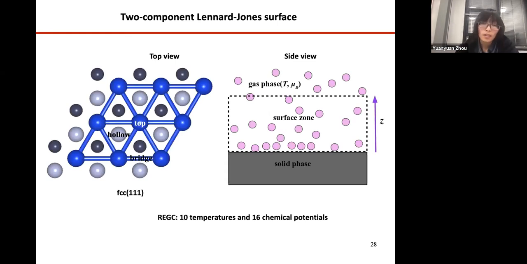The frozen FCC 111 surface is in contact with the B gas phase, and the B particles are only allowed to insert in this defined region starting from the top of the surface. The blue atom is the top layer surface particle, the gray is the sublayer of the surface, and the black is the second sublayer.